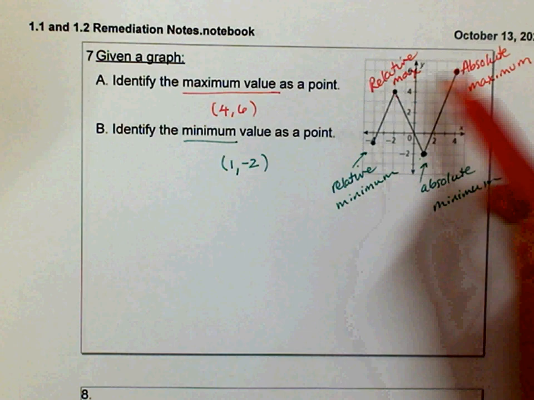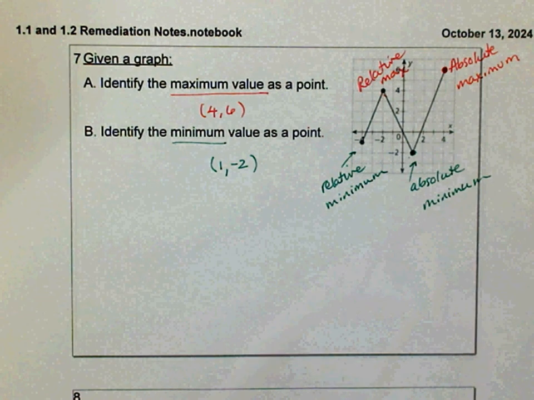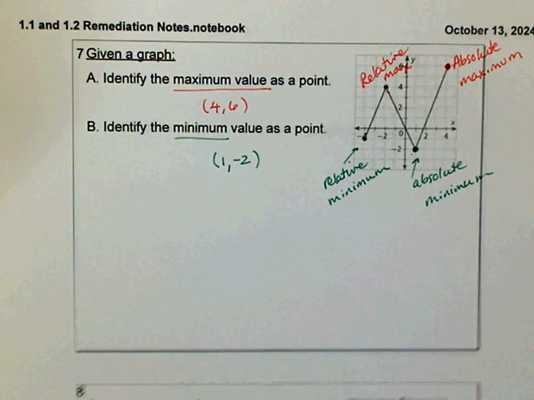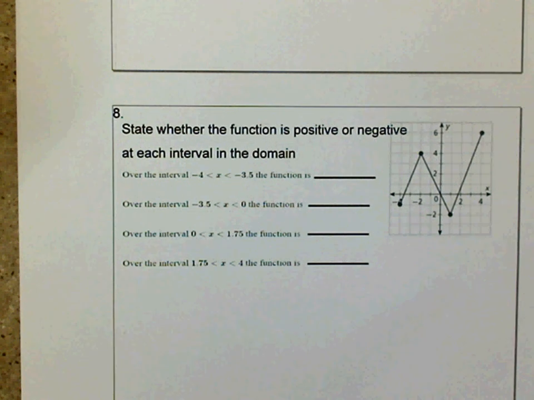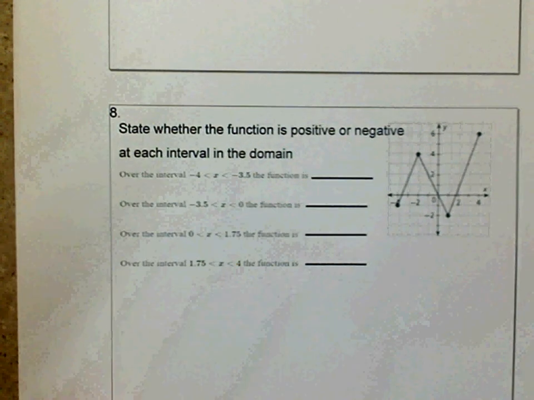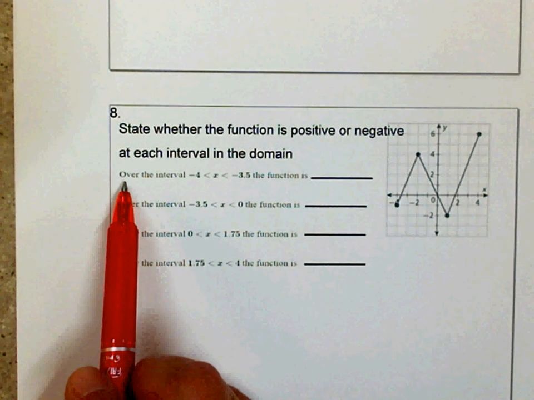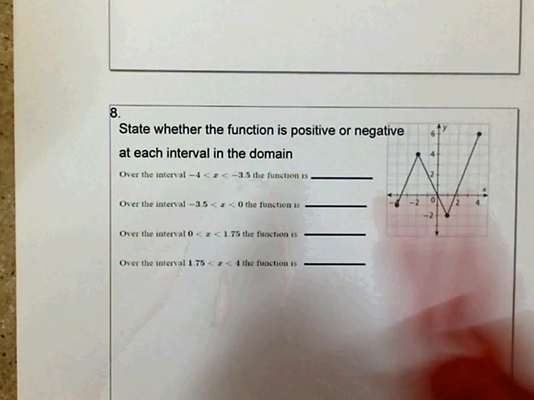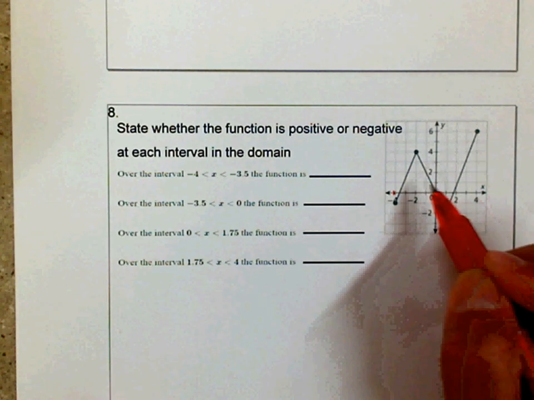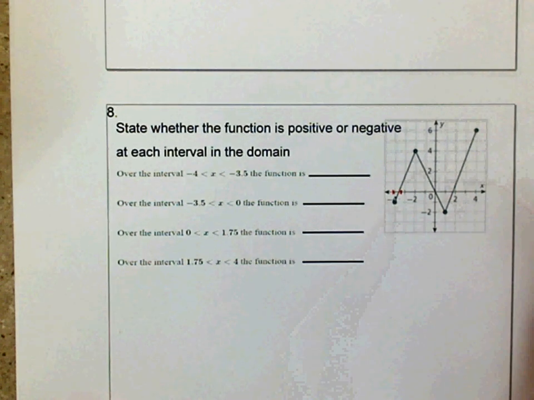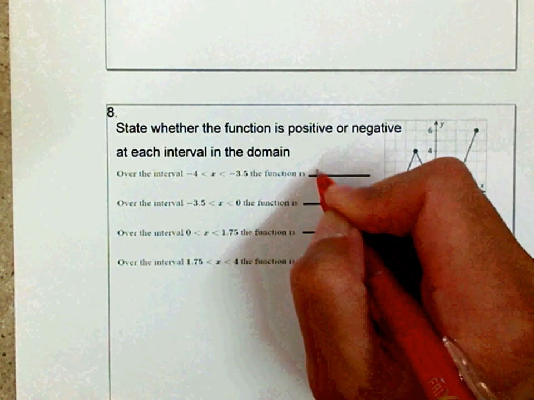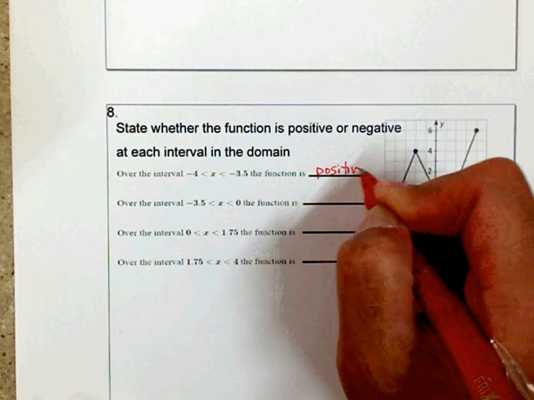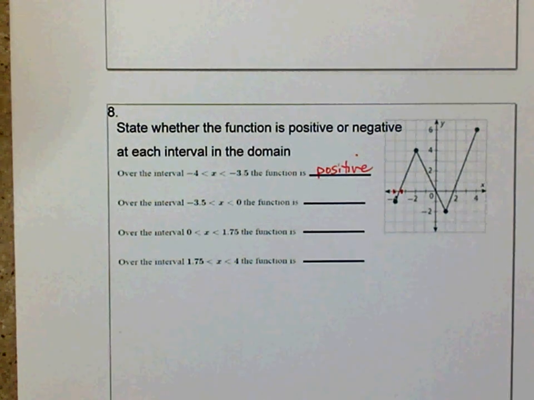All right, so let's take a look at the very last one. Okay, so this just looks over the interval, negative 4 and negative 3.5. So between here and negative 3.5, what is happening to the graph? It is increasing, so it is a positive interval. And what am I looking at? Domain. So I'm looking at what value?